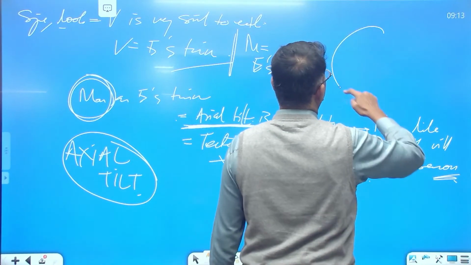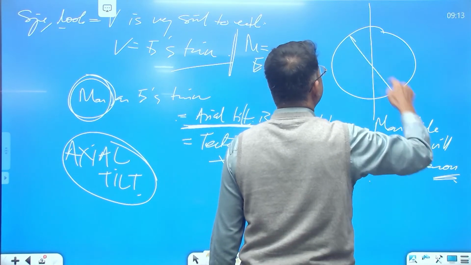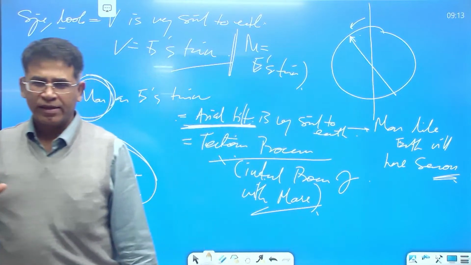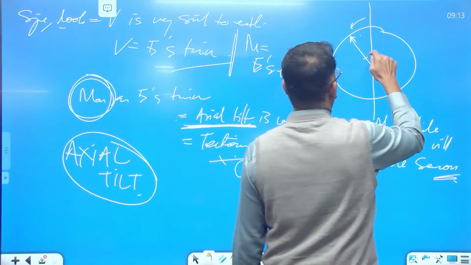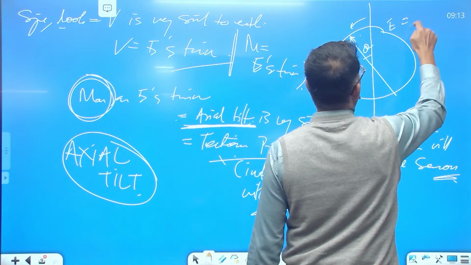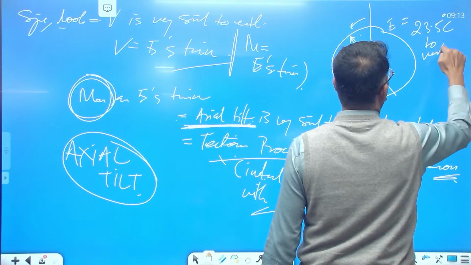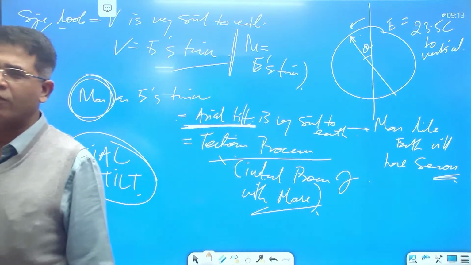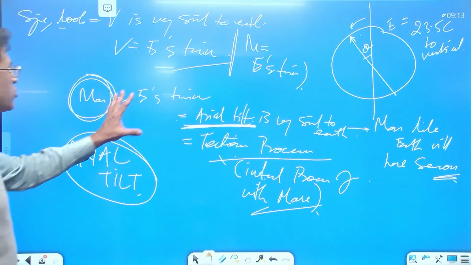So if this is the Earth, ये है vertical, the Earth is tilted, हल्का सा ऐसे tilt है. All the planets have a tilt. The tilt varies. For Earth, the tilt is around 23.5 degrees to the vertical. Mars का similar है almost, in the range of 21 to 23 degrees. All planets will have a tilt, but Mars' tilt is very close to the Earth's.